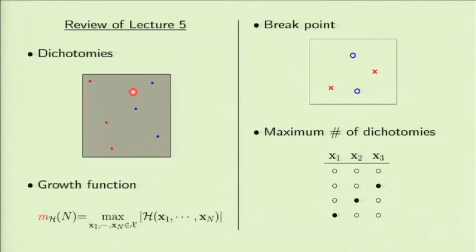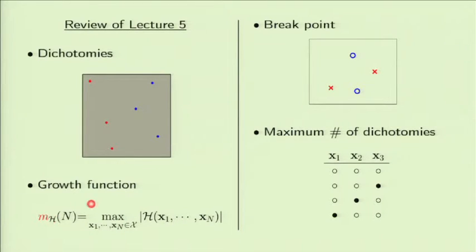You only count it as different when something different happens only on those points. So a dichotomy is a mini hypothesis, if you will, and it counts the hypotheses only on the finite set of points. This resulted in a definition that parallels the number of hypotheses, which is the number of dichotomies in this case. So we define the growth function.